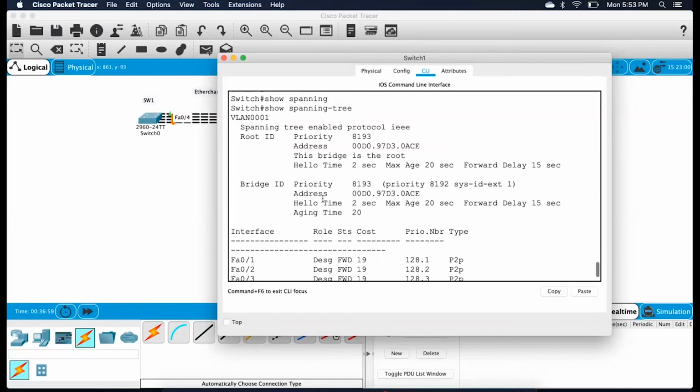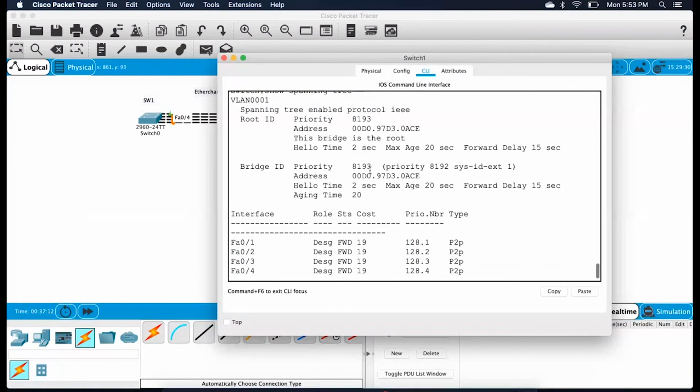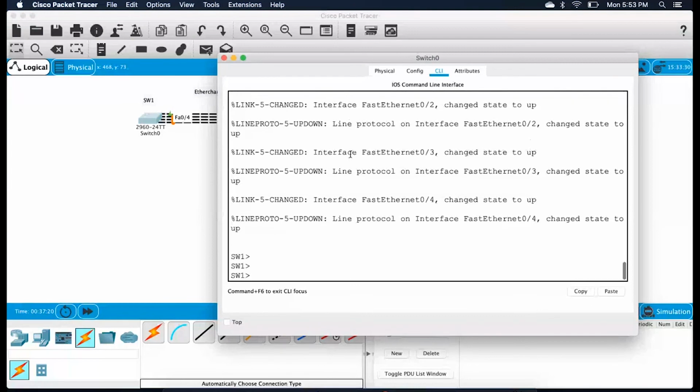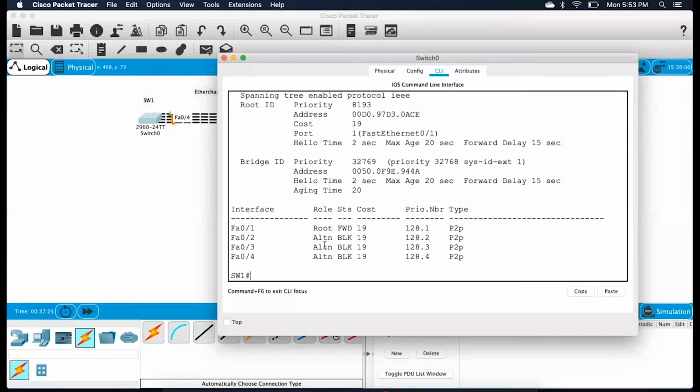That's why all the links have been configured as designated links and are in forwarding mode, because this is the root bridge. The ports cannot go into blocking mode over here. But on the other end, when I do show spanning-tree, you can see that these are alternate, alternate, and alternate, meaning that only one link is working. The other 3 links are down.